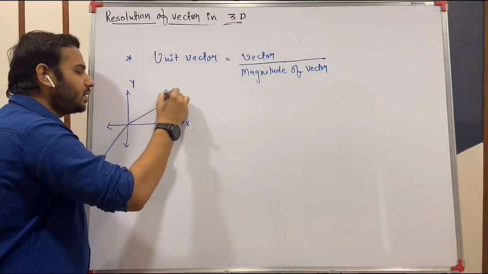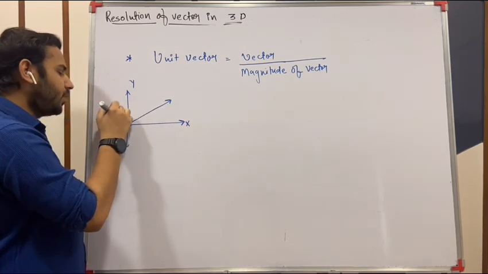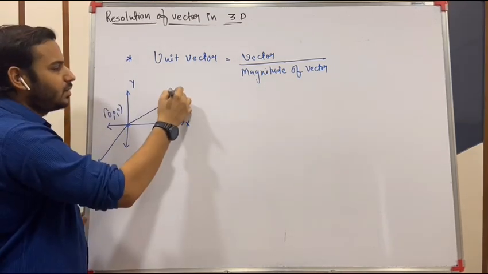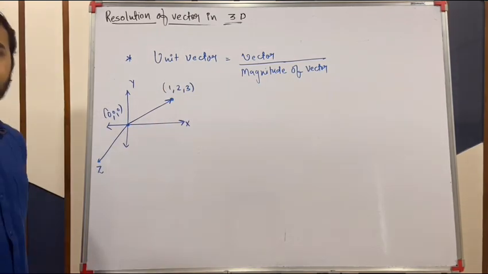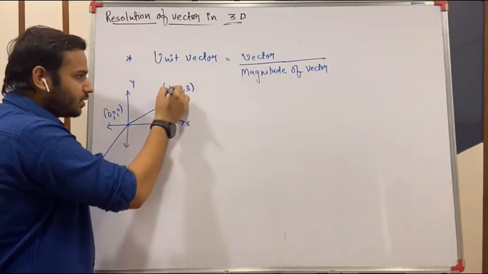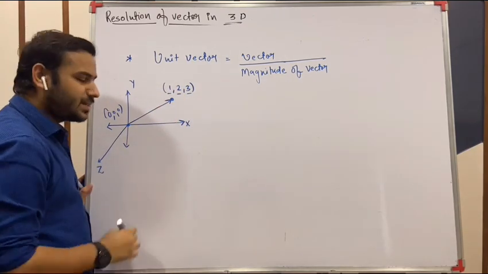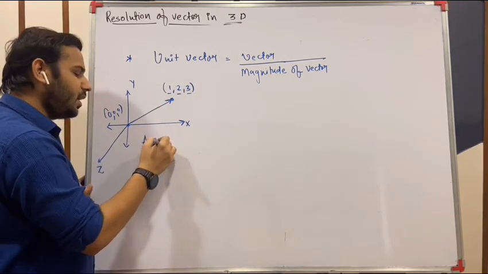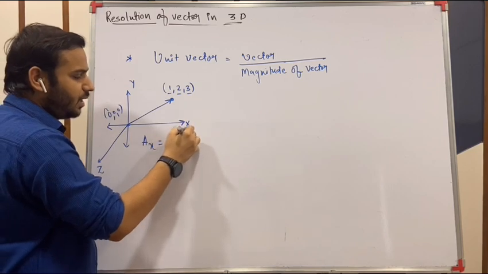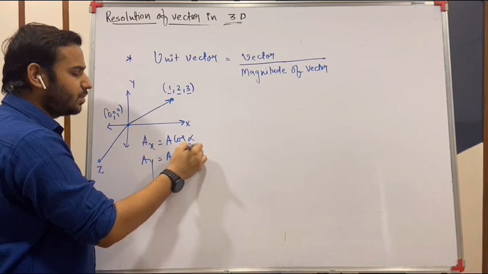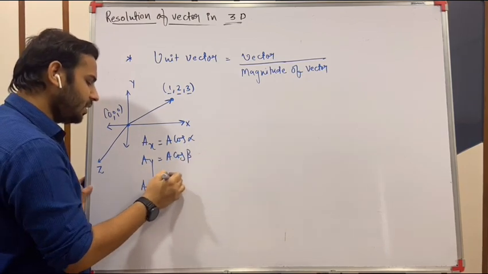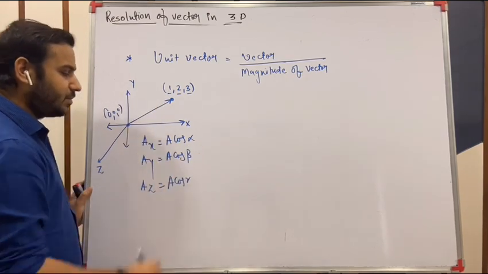If I say the vector is this, so this point is 0, 0, 0, and in 3 dimension this point say 1, 2, 3. So this is x component, y component, z component. You can say ax is a cos alpha, ay is a cos beta, and az is a cos gamma.